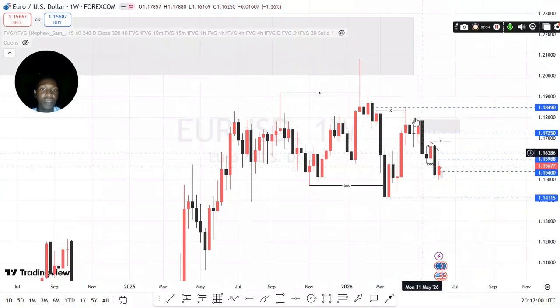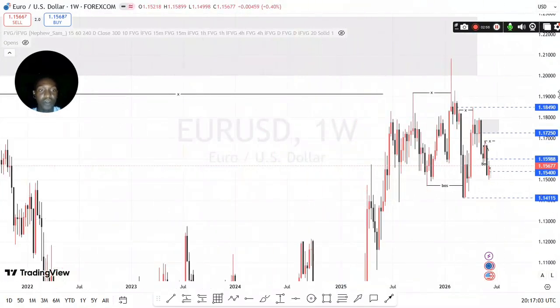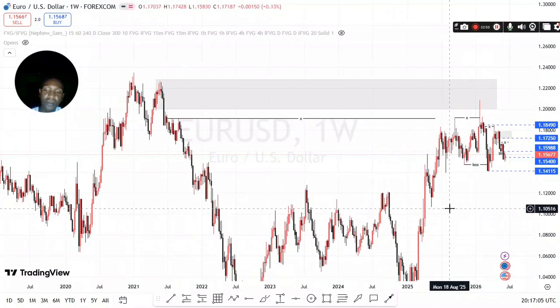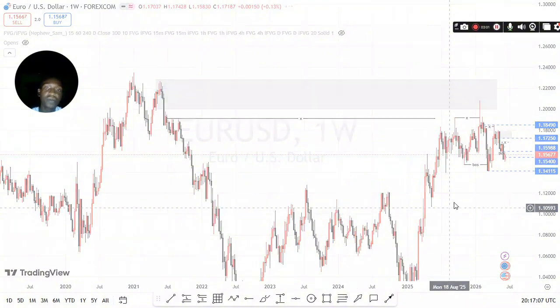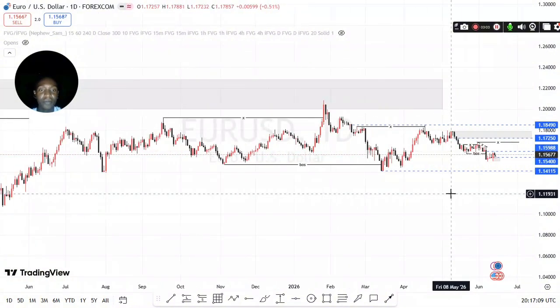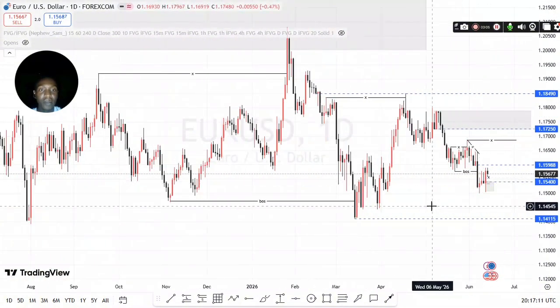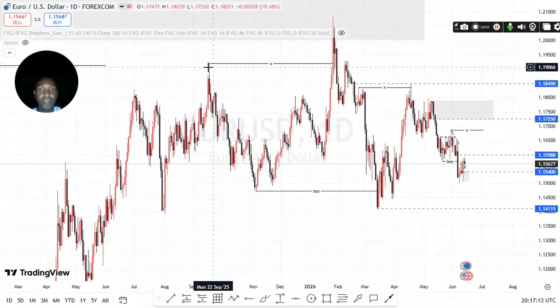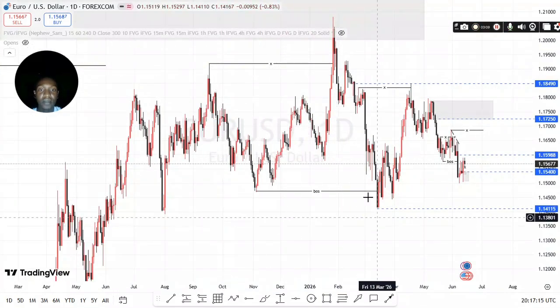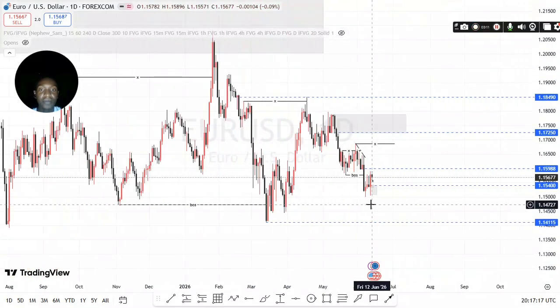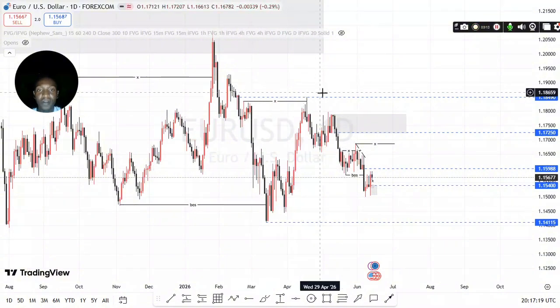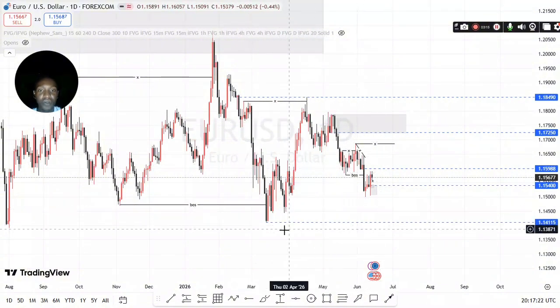Now we have seen what I drew out here, but it's not clear. Let's go to the daily time frame, where things are more clear. You can see the sweep to the upside, the break to the downside, and then the retracement. Now EU is continuing that move.